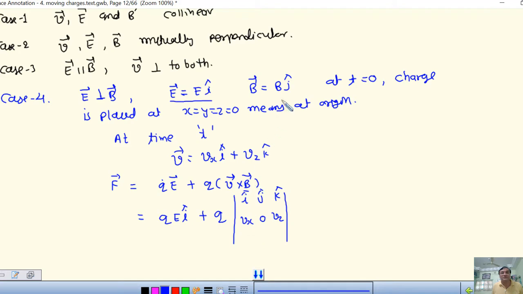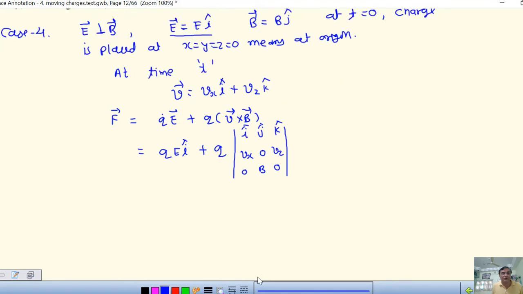B is in j direction, so 0, B and 0. So this is equal to QE i plus the i component here, which is minus B Vz i. Then the j term is 0, and for k we get plus Vx B k.